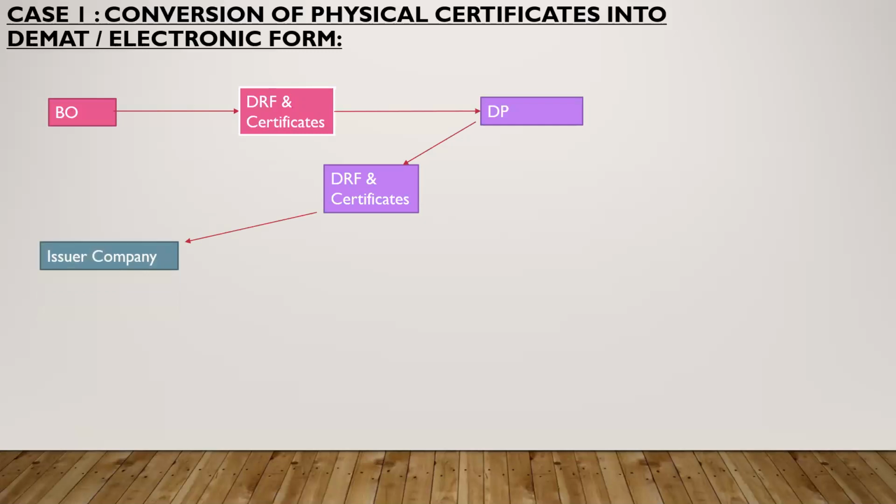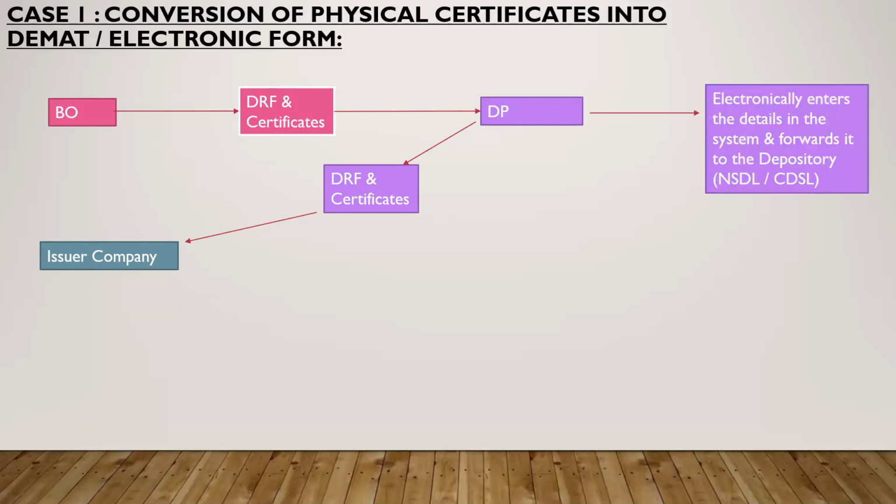That is Boss Baby ke company ko the DP will be forwarding those certificates and to the BB's company limited. At the same time, as I told you, the DP will fill all the details electronically into his system, whatever he is maintaining, and then he will forward the same thing to the depository, that is NSDL or CDSL.